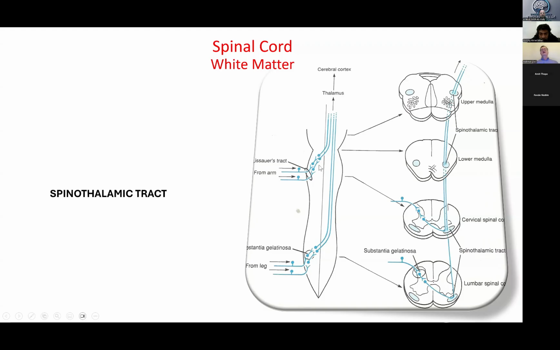Because of that, in case of compression from one side of the spinal cord, the so-called Brown-Sequard syndrome may happen, with ipsilateral paresis and contralateral sensory and pain sensation loss.